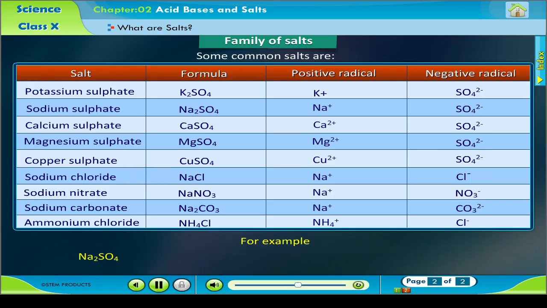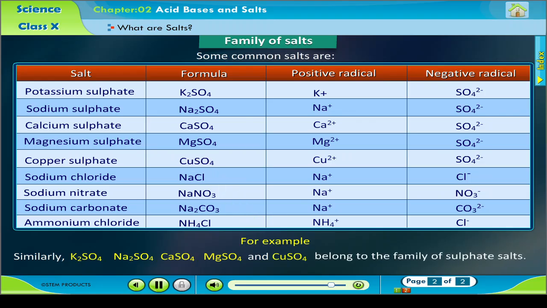For example, Na2SO4, NaCl, NaNO3 and Na2CO3 belong to the family of sodium salts. Similarly, K2SO4, Na2SO4, CaSO4, MgSO4 and CuSO4 belong to the family of sulfate salts.